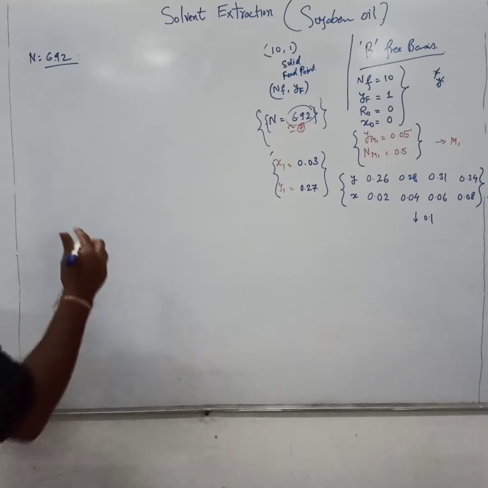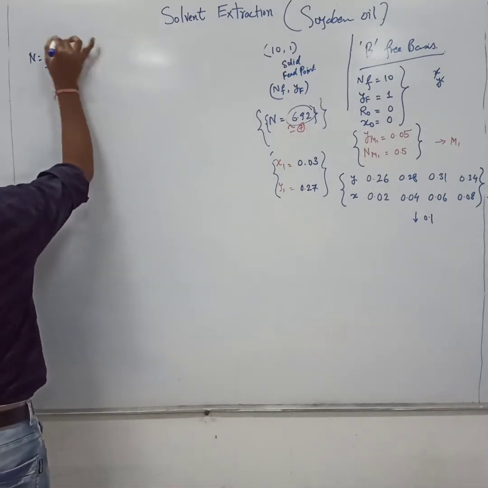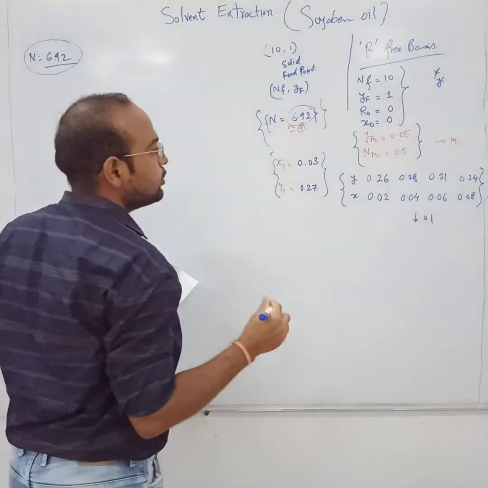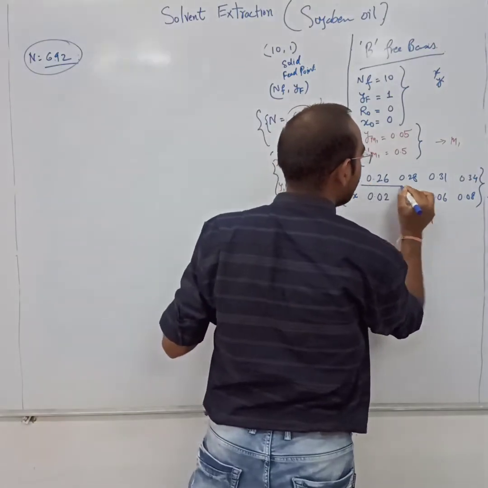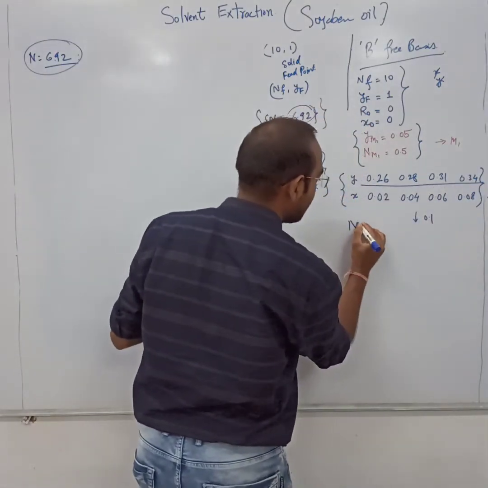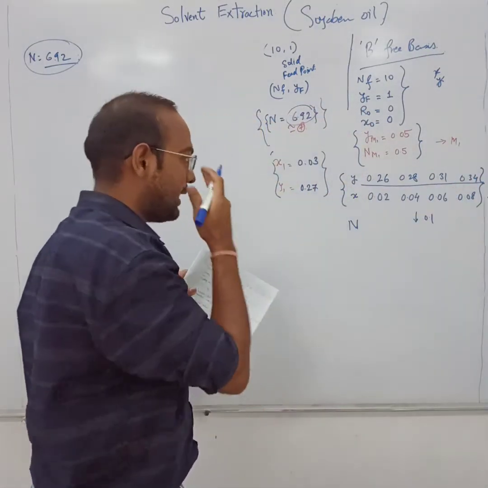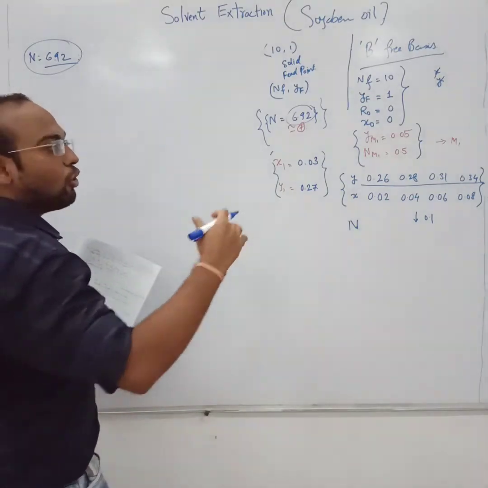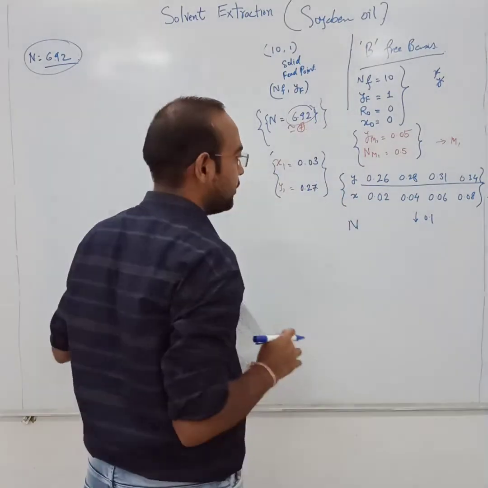Okay, simply this value is calculated from the equation. You just need to put in four different values of y, and you get four different values of n, and the average of all these four values becomes 6.92.